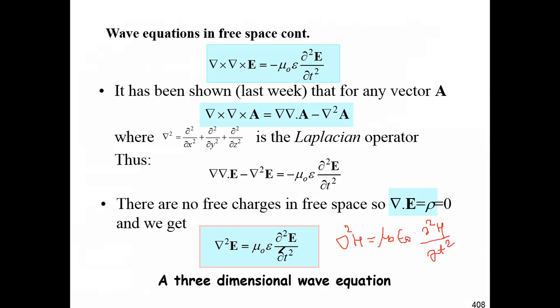These two are representing the wave. This is representing the propagation of wave in terms of electric field, and this is representing the propagation of the same wave in terms of magnetic field. And they are called the Helmholtz wave equation.